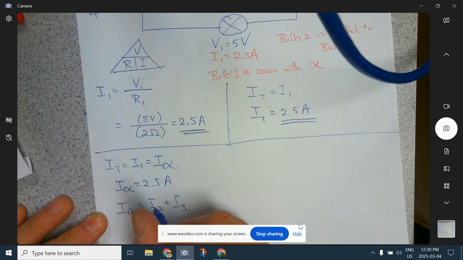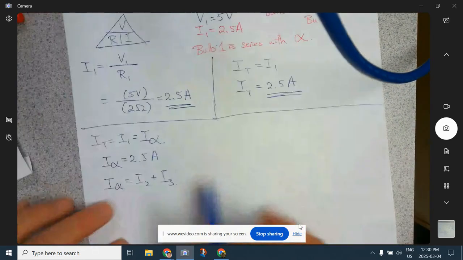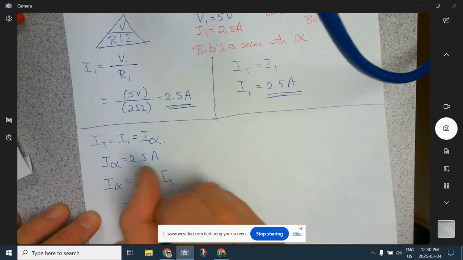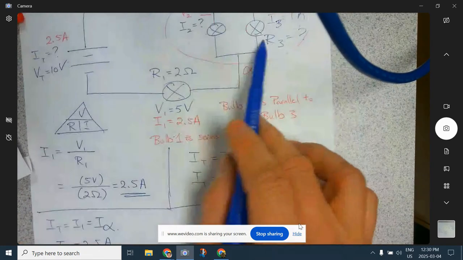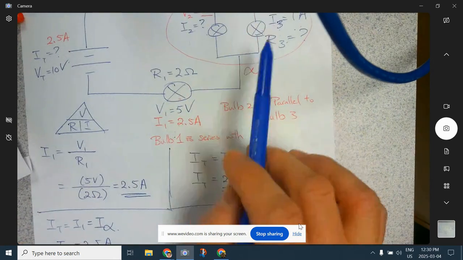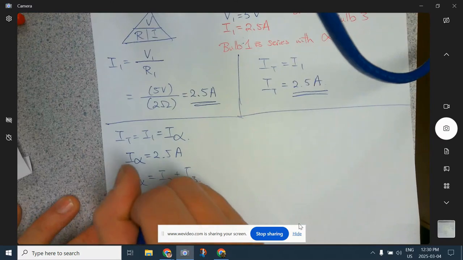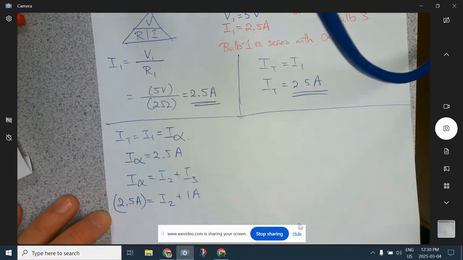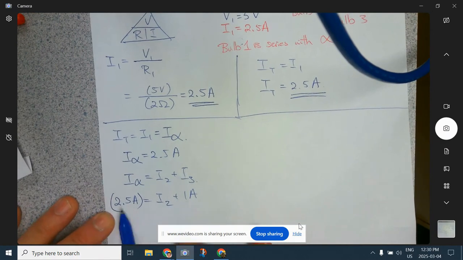Now, we don't know what I2 is, but we know I3 is 1 ampere, and we know that these two add up together to give you 2.5. So I2 plus 1 amp gives you 2.5 amps.